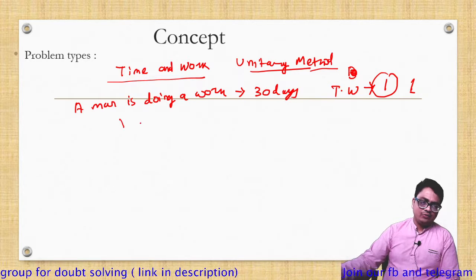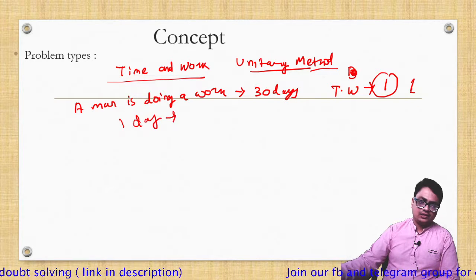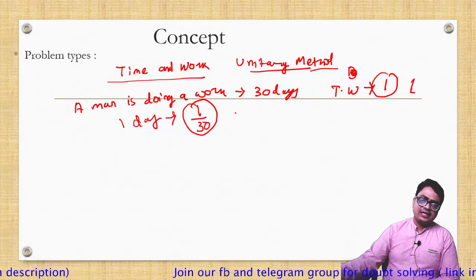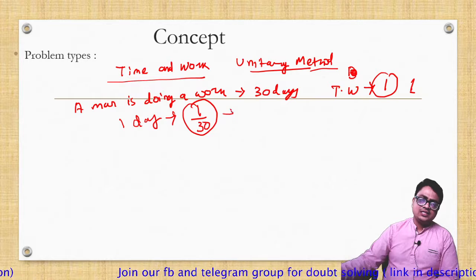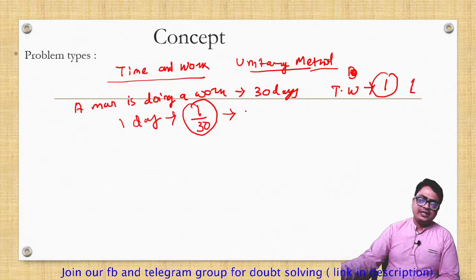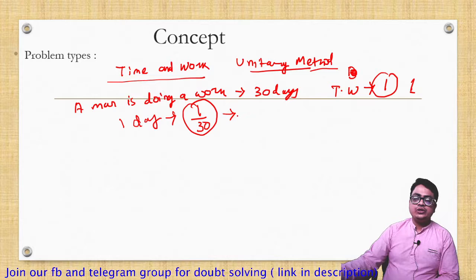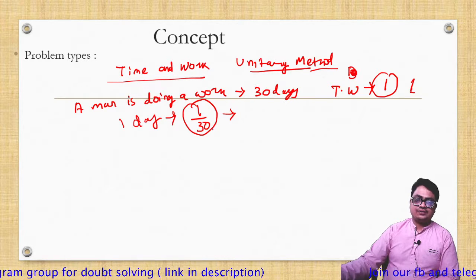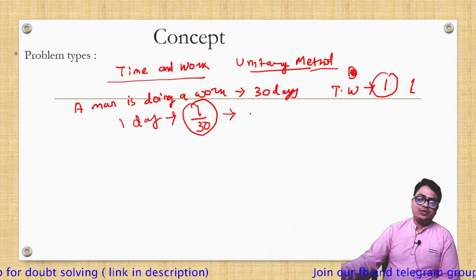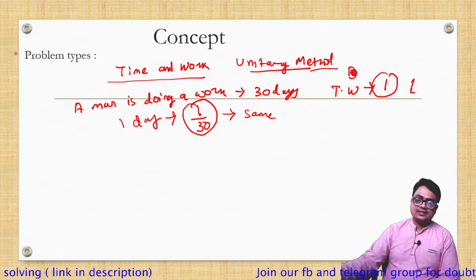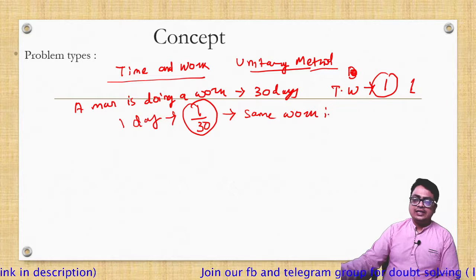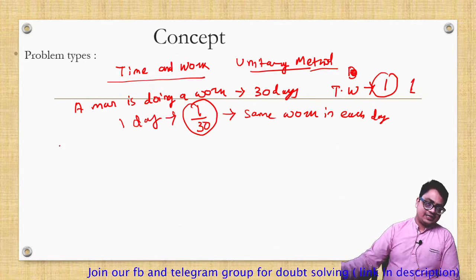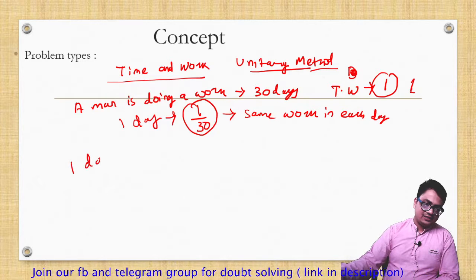So in 1 day how much work will be done? This will be 1 by 30th. Why 1 by 30th? This is because we assume that in each day the man is always doing the same amount of work.